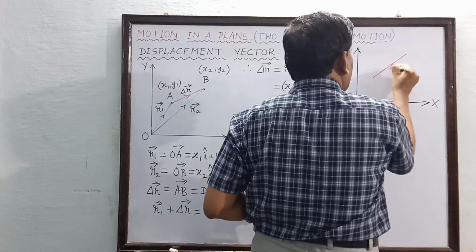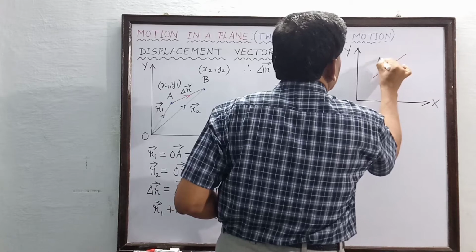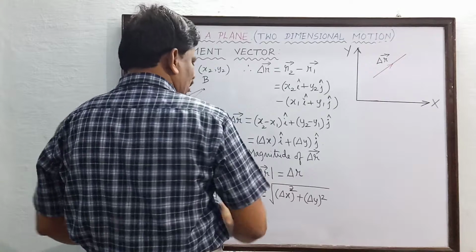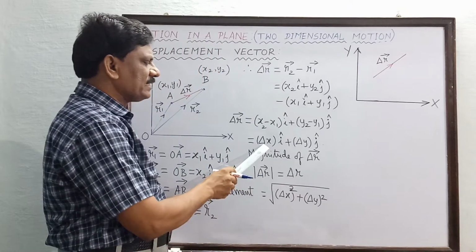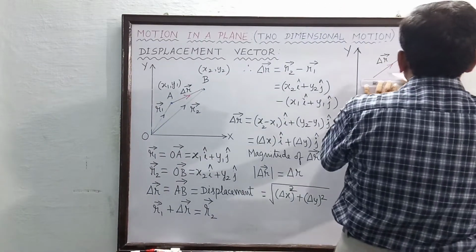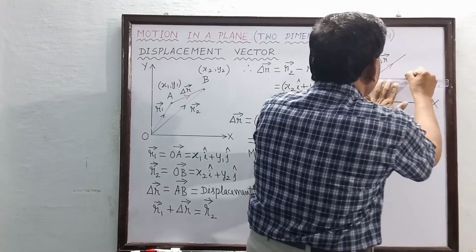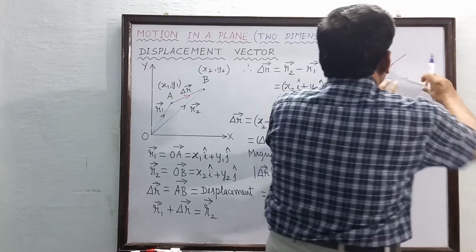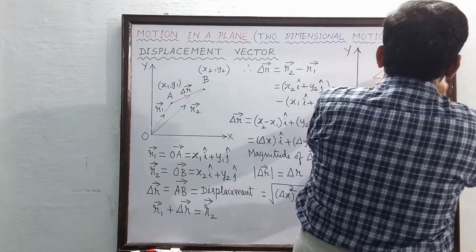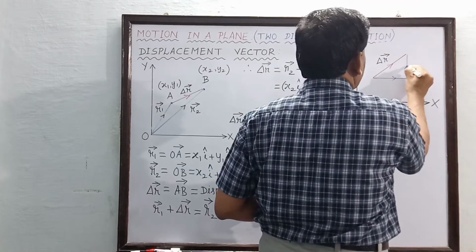This is delta R. The x component of it, delta x, is the x component of the displacement, shown along the x axis like this. Similarly, the y component is shown vertically.